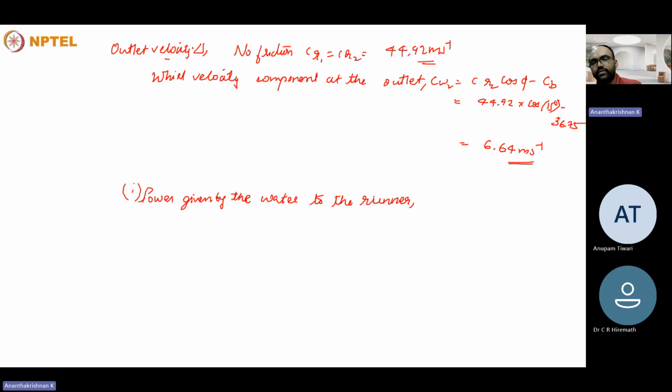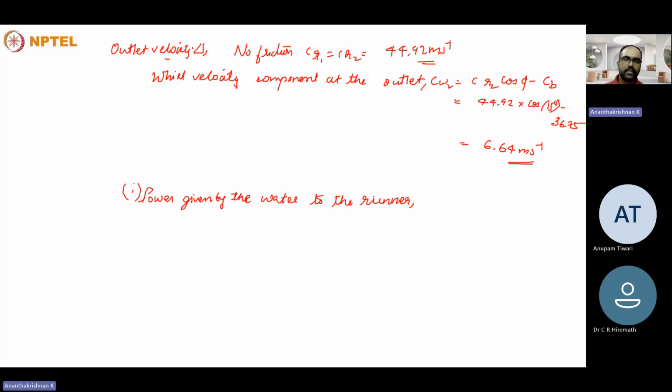Force can be determined from the whirl velocity component and the mass flow rate of the water that impinges on the jet, mass flow rate multiplied by the change in velocity. Since it changes its direction, the absolute magnitudes of the velocities get added up.